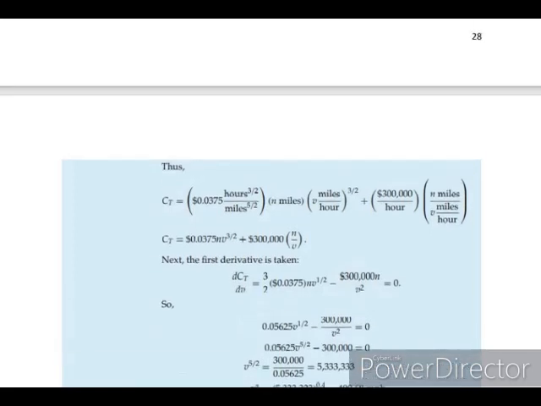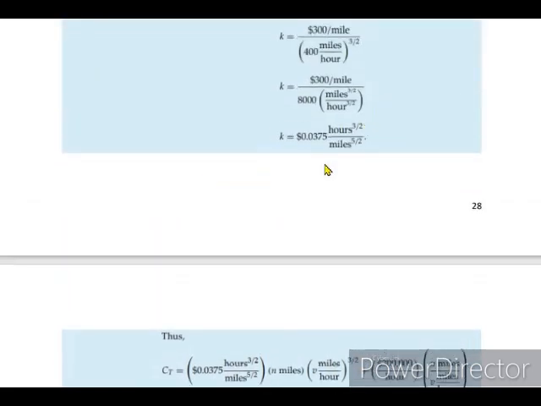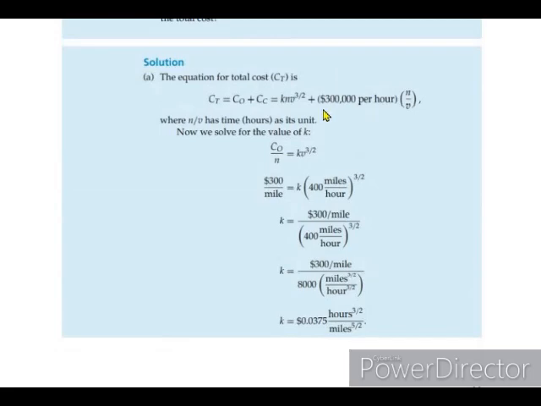Thus the total cost is equal to, we will now just substitute what we got from the previous equation. This k we will substitute here, because in the first equation the total cost is equal to k n v raised to 3 halves. So we have now our k.